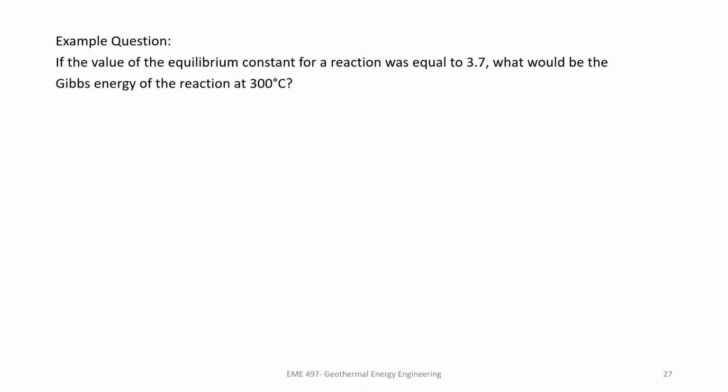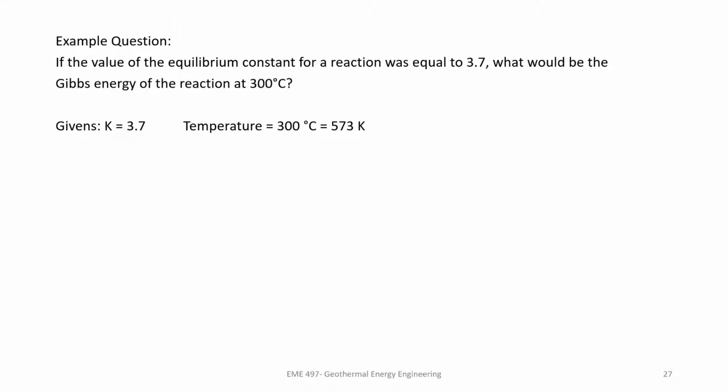So let's try an example question. If you have the equilibrium constant for a reaction, and it was equal to 3.7, what would be the Gibbs energy of the reaction at 300 degrees Celsius? So we're given the equilibrium constant, which is 3.7, and the temperature is 300 degrees Celsius.